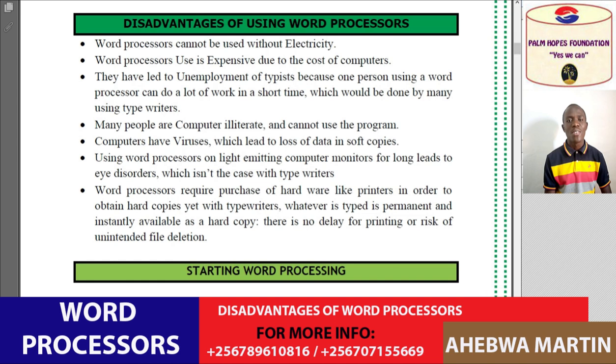So there is no delay for printing or risk of unintended file deletion. In word processors, there may be loss of information due to unintended file deletion. So my dear friend, as you are using word processors, take care of what you delete.